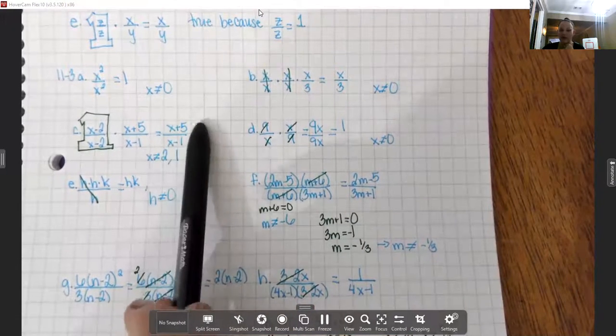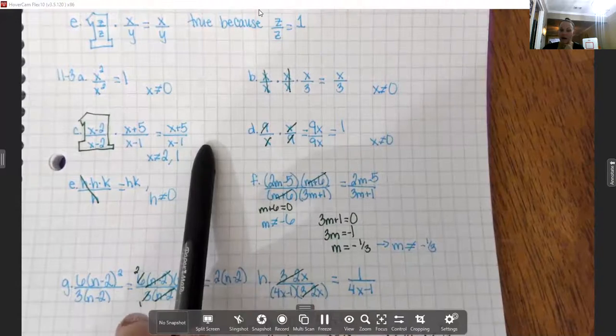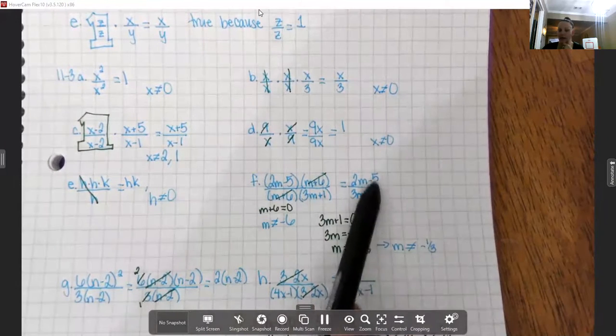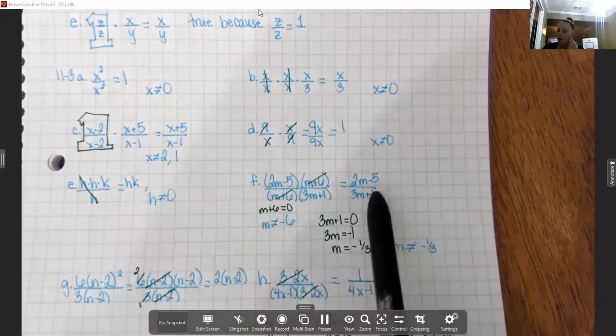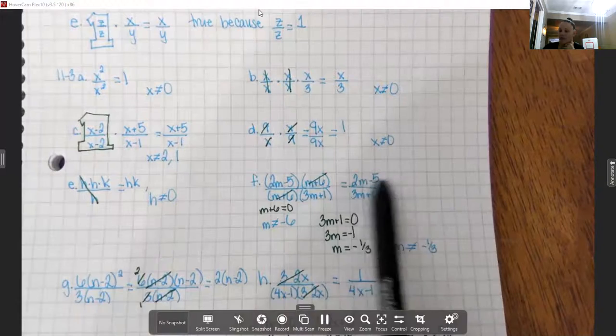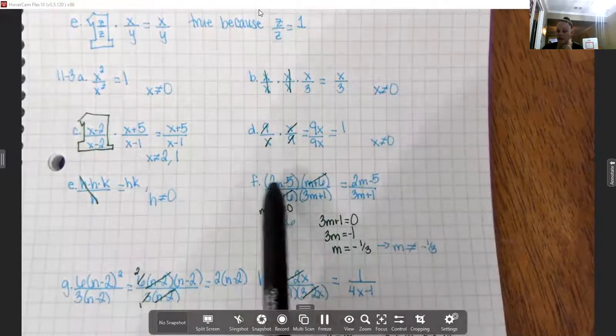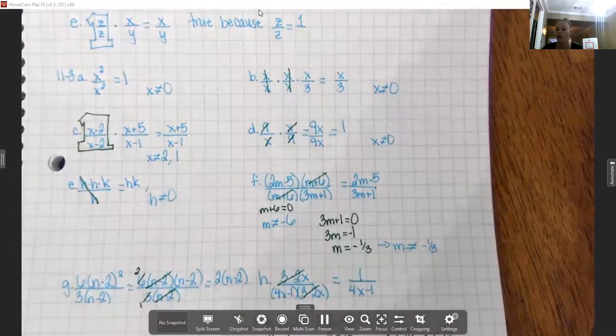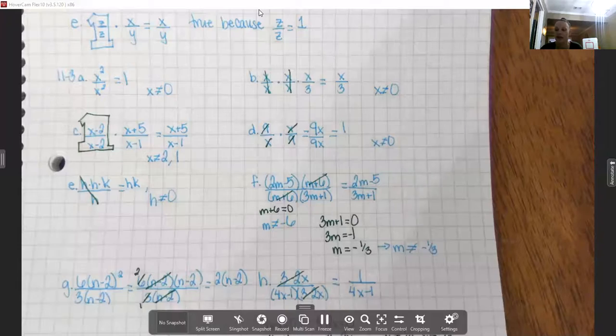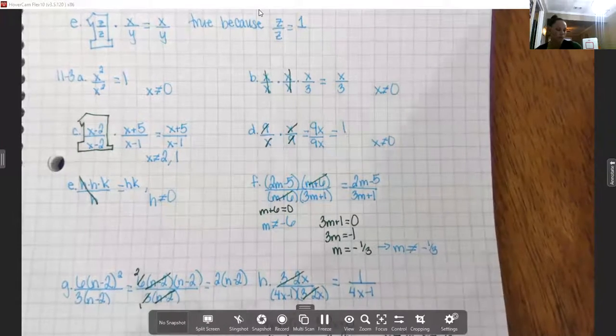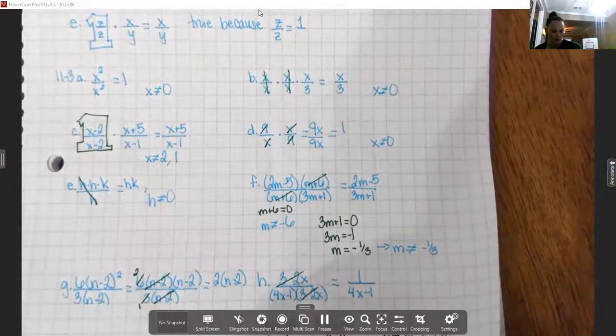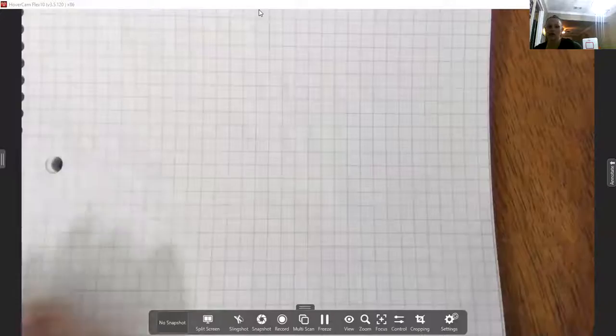The whole expression has to be the same in the numerator and denominator. Same thing like here. These m's don't get to cross out because this 2m minus 5 is one expression. You can think of it with parentheses around it if it helps you, that whole thing has to stay together, which we will see in this next problem a little bit better.